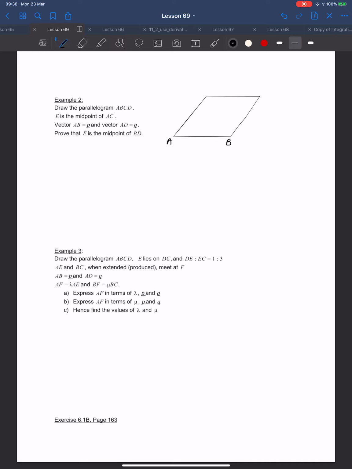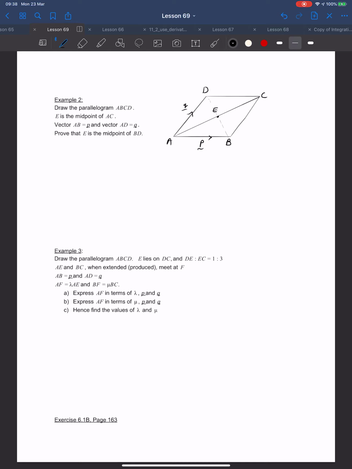A, B, C, D. E is the midpoint of AC, so let's draw AC in and mark E there. A to B is P. A to D is Q. Prove that E is the midpoint of BD.